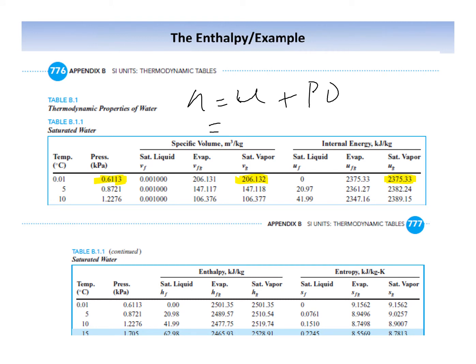So H is equal to 2375.33 plus 0.6113 into 206.132, and what it will generate is exactly equal to 2501.35.